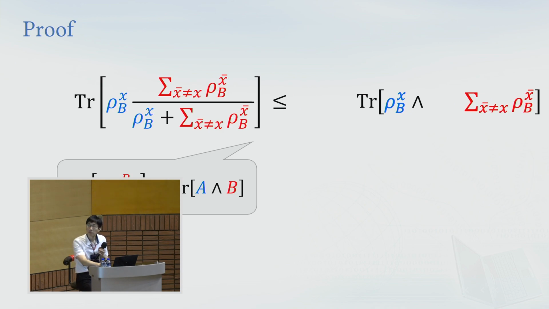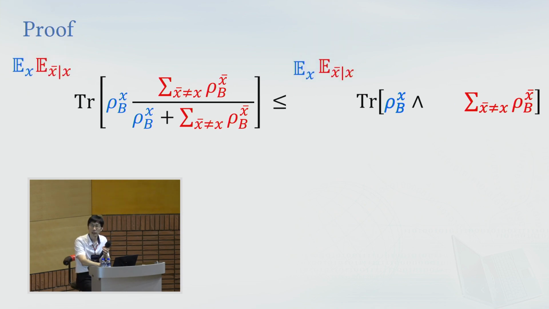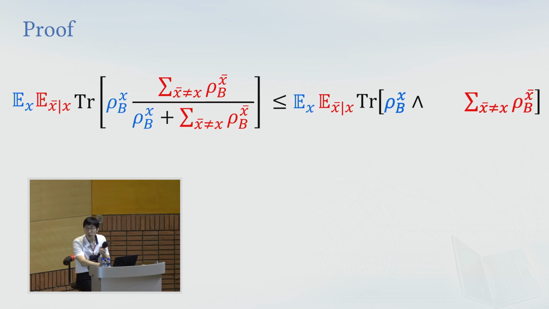Okay, and then because now x and x bar are random variables, you will take expectation over x and x bar conditioned on x. If they are mutually independent, then this is just expectation over x bar.